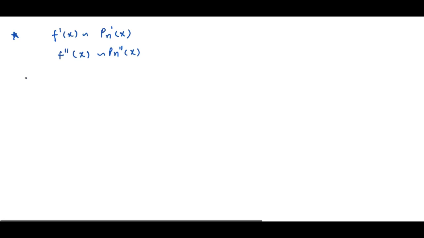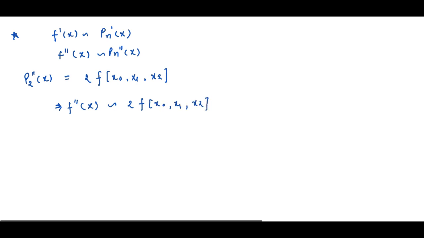So you just need to differentiate once more. So P2''(x) becomes twice f[x0, x1, x2]. And therefore f''(x) becomes approximately twice f[x0, x1, x2] for this quadratic interpolation approximation.